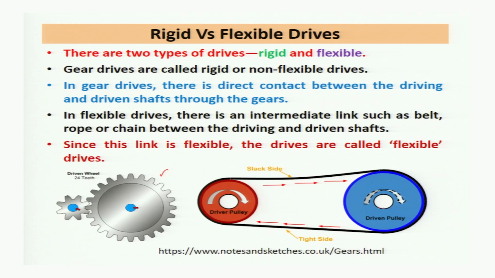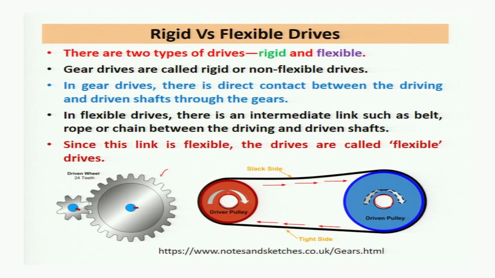the driven shaft. So we have here a driving shaft, and here is the driven shaft. On these shafts, a driver pulley is mounted with the help of key, and the driven pulley is mounted with the help of key.